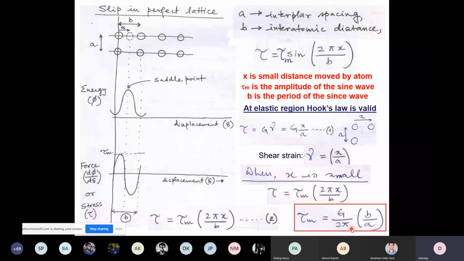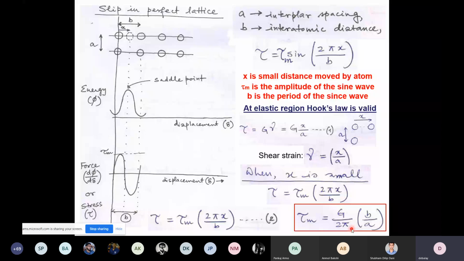When you applied load, at a certain load value, the dislocations moved. Inside a single crystal, there is a dislocation.